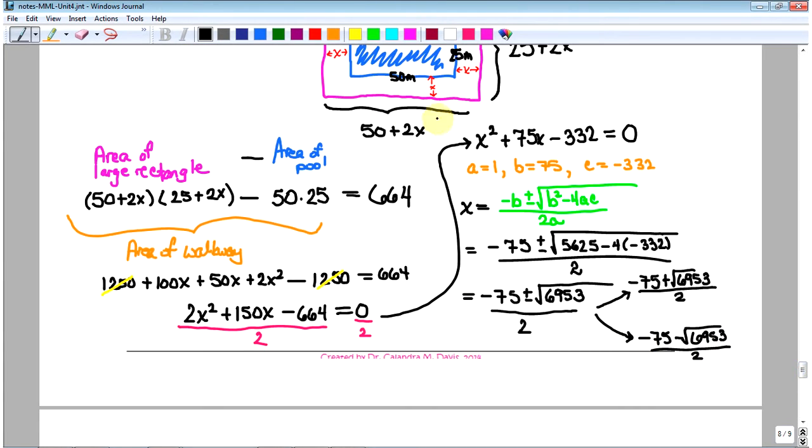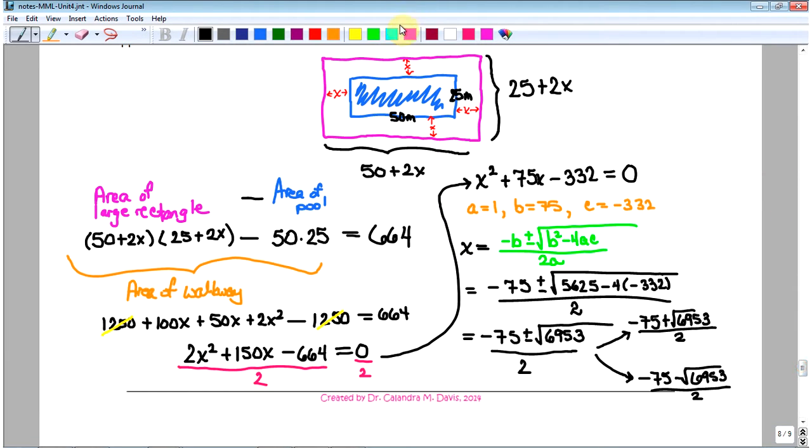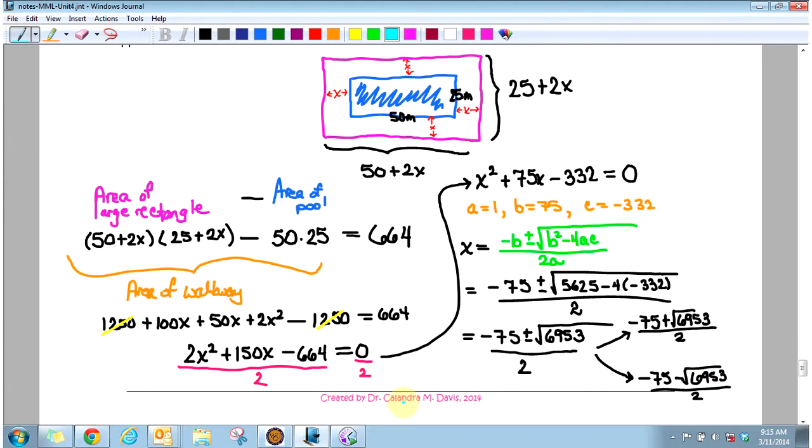Now keep in mind that x represents the width of our walkway. So we know that x has to be a positive value. If you look at the second expression, negative 75 minus whatever we get here is going to end up being a negative value. So I can go ahead and reject the second case because it's going to be negative.